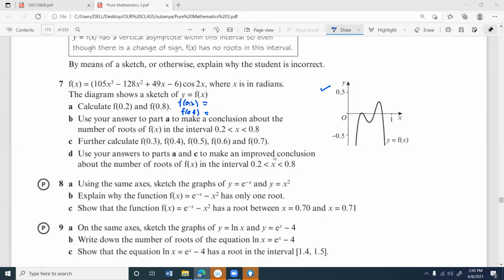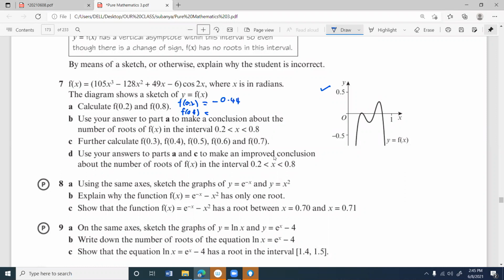Right, then we'll go ahead with this. Cos 2x. Cos 2x means we take cos of 2 times the first value, which is 0.2, so 2 into 0.2. This answer is minus 0.44.